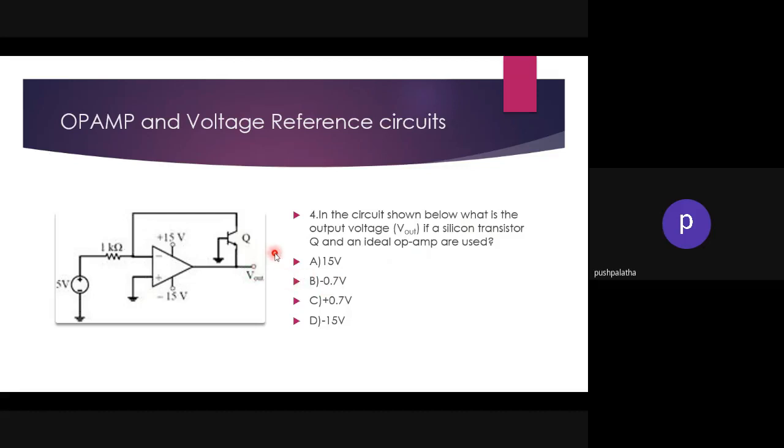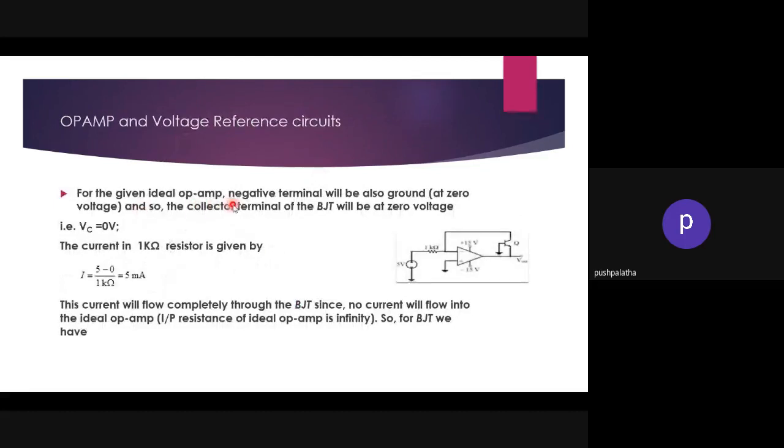Now let me go to the calculation. For the given ideal op amp, the negative terminal will also be grounded at 0 voltage, as I told you, and so the collector terminal of the BJT will be at 0 voltage, that is VC equals 0. The current in the 1 kilo ohm resistor, with the 5 volt given here, is around 5 milliamps.